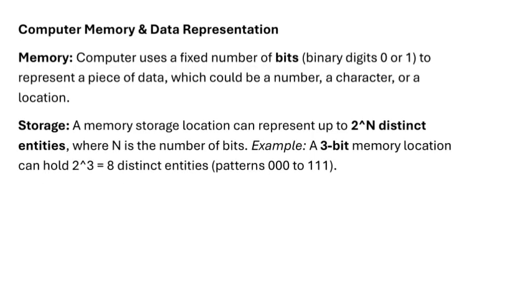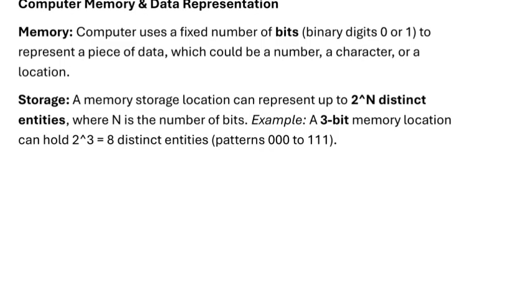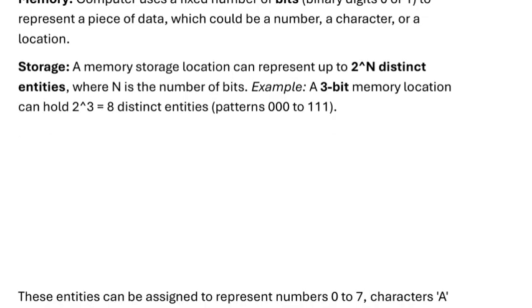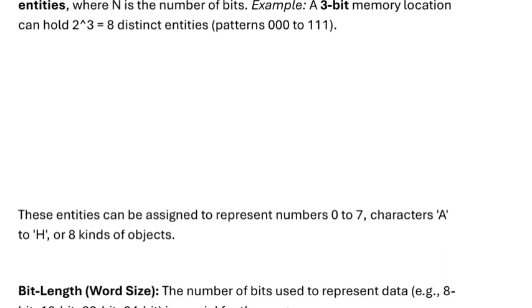A computer uses a fixed number of bits (binary digits 0 or 1) to represent a piece of data, which could be a number, a character, or a location. Storage: a memory storage location can represent up to 2^n distinct entities, where n is the number of bits. Example: a 3-bit memory location can hold 2^3 equals 8 distinct entities, patterns 000 to 111.